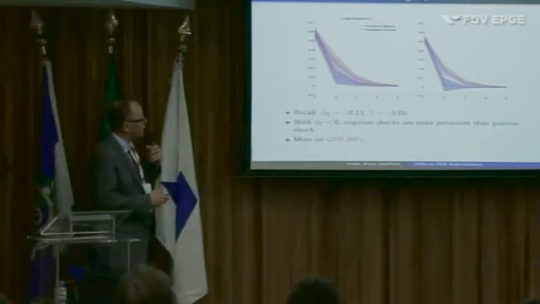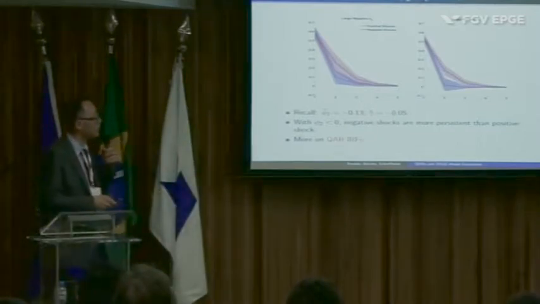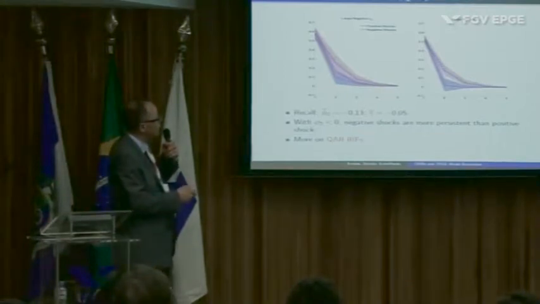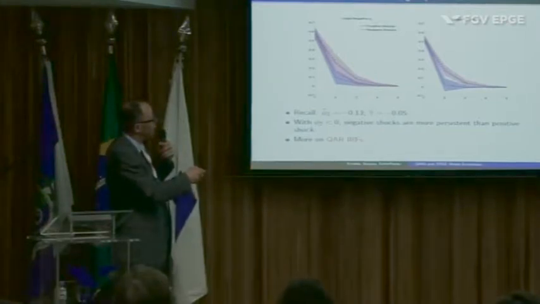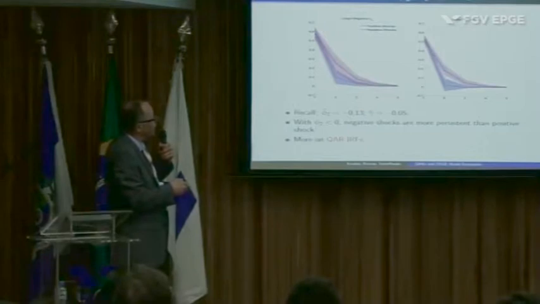These are univariate models, but you can trace out the response to a shock in u t, conditioning on either large negative S t or large positive S t, and looking at positive shocks versus negative shocks, but flipping the sign on the negative shocks so you can compare them.